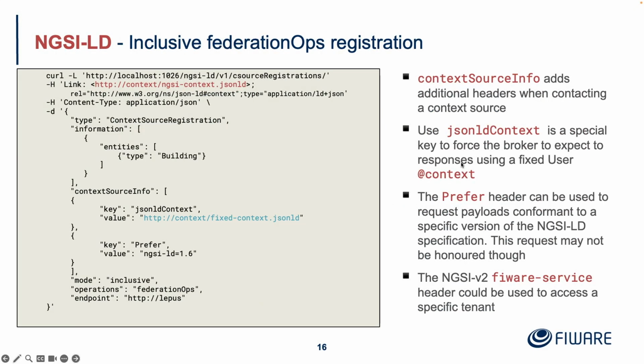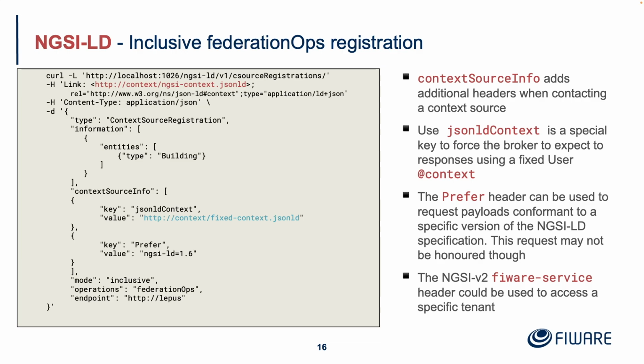So the key point here is that when you are adding a federation, you use this JSON-LD context element in your core context info. You can use prefer if necessary. Obviously, multi-tenant is also supported.